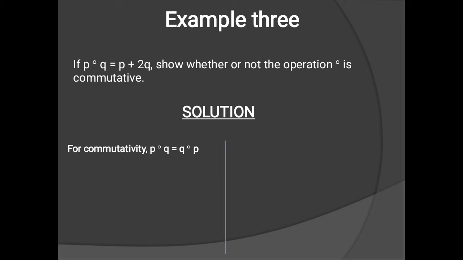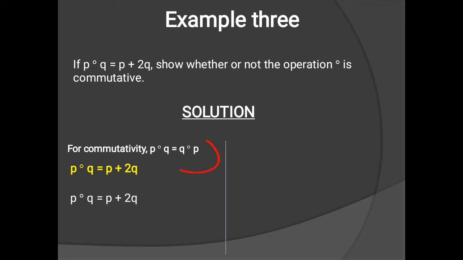Now we have to quote our rule or definition. So our rule is P operation Q is equal to P plus 2Q. Since this one too is variable and not numbers, we can't simplify further. We can't add 2Q to P. So P operation Q is P plus 2Q.